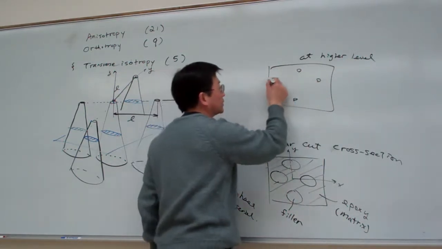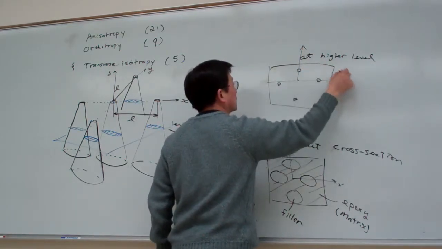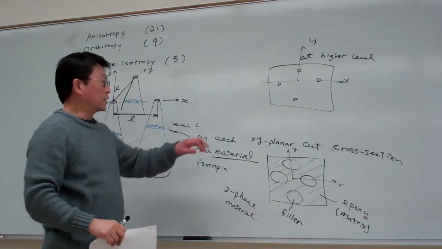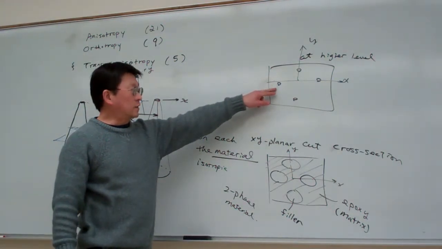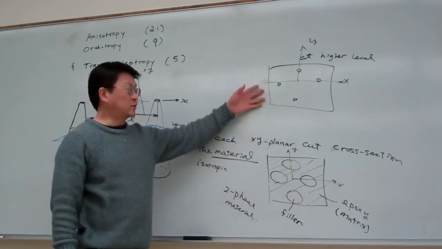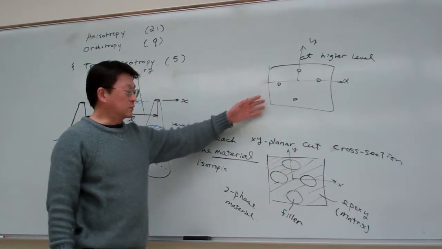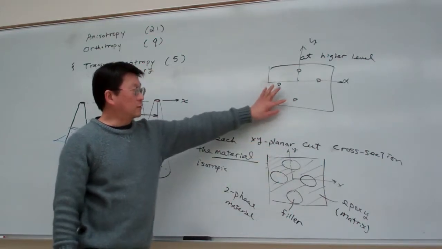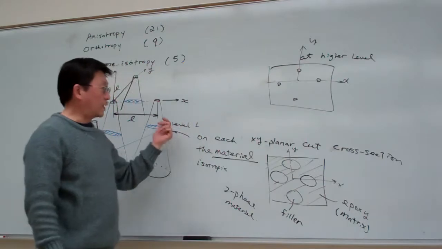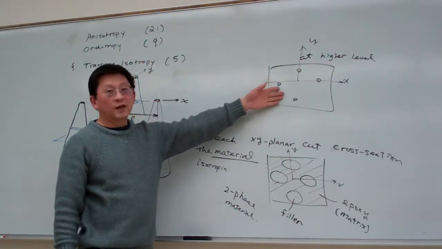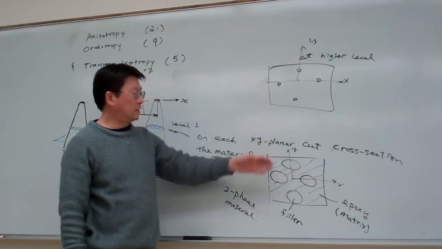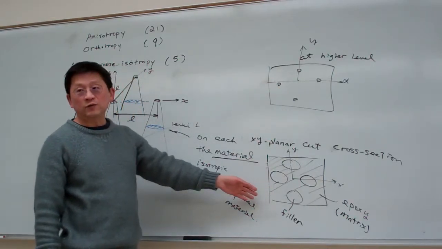Okay, but in terms of the pattern here, that is still isotropic, but the difference is the area fraction of this upper level is smaller than this one. So although they are isotropic, with respect to the epoxy and the fiber, this one could be softer or more compliant, and this could be rigid or stiff.